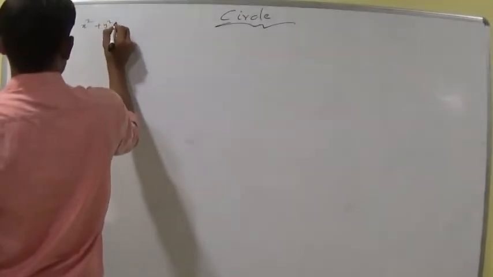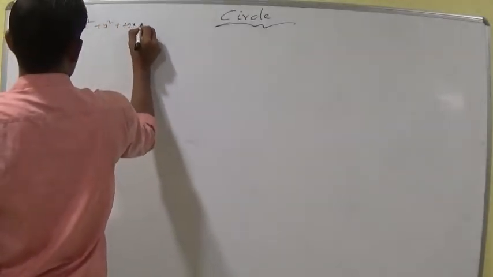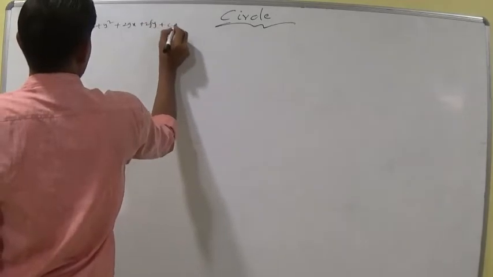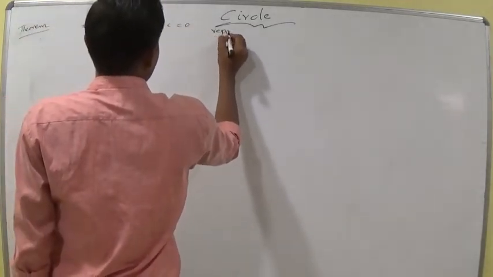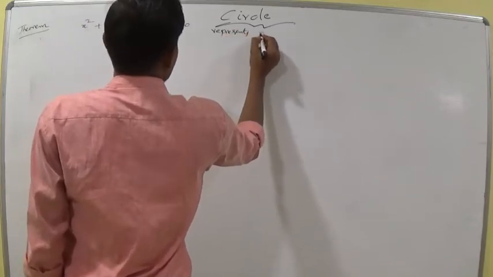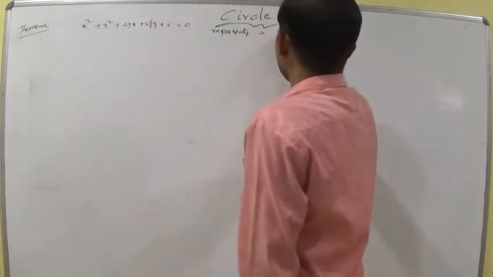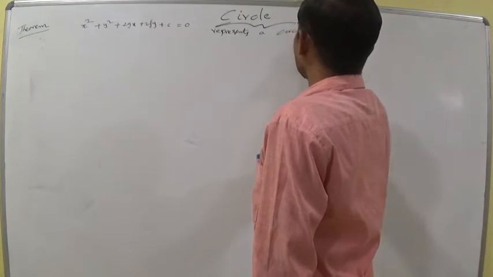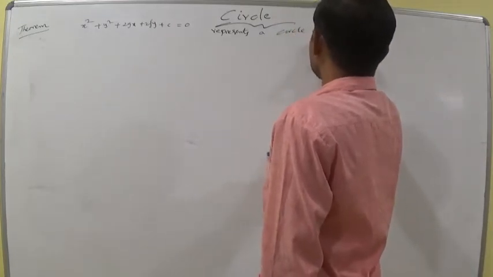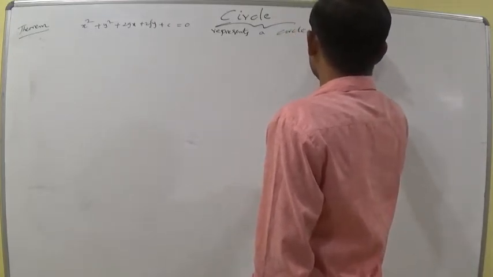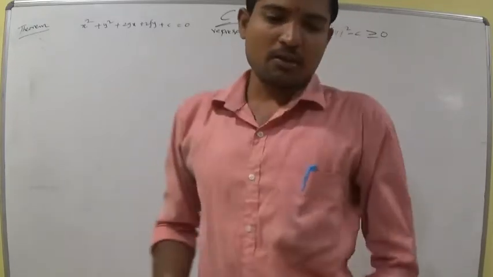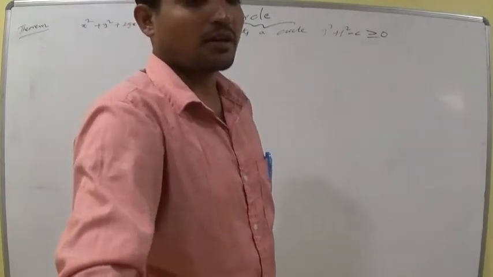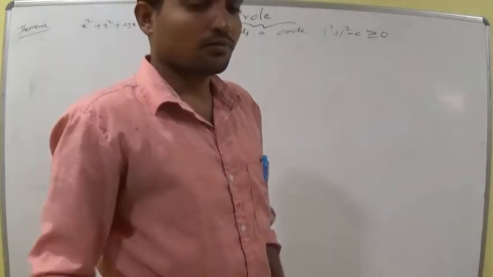Theorem: x square plus y square plus 2gx plus 2fy plus c equal to 0 represents a circle when g square plus f square minus c is greater than or equal to 0.